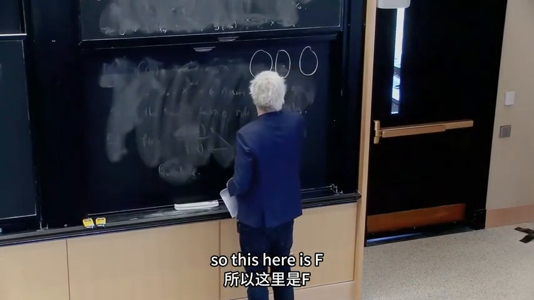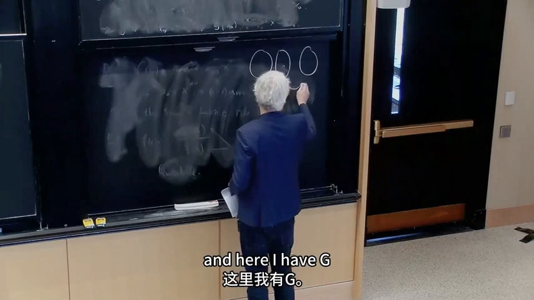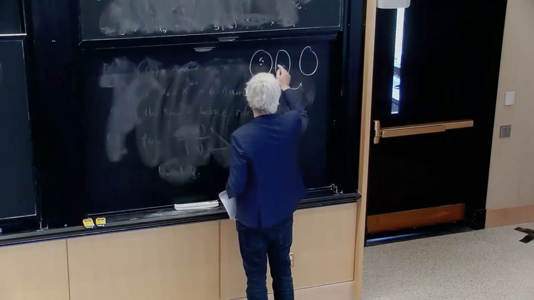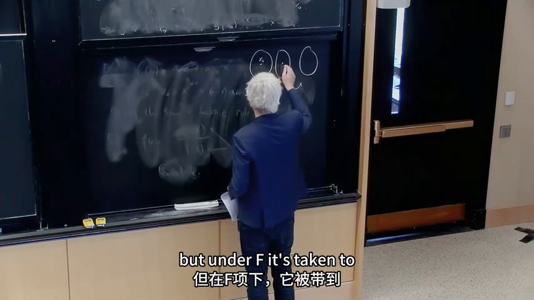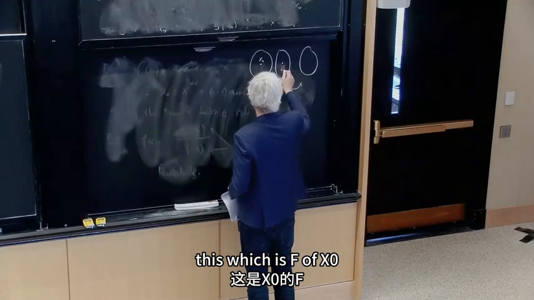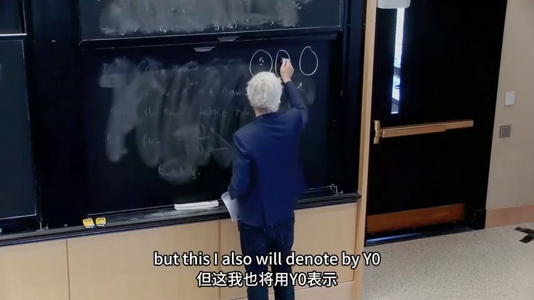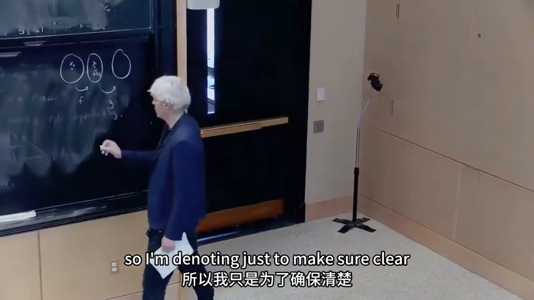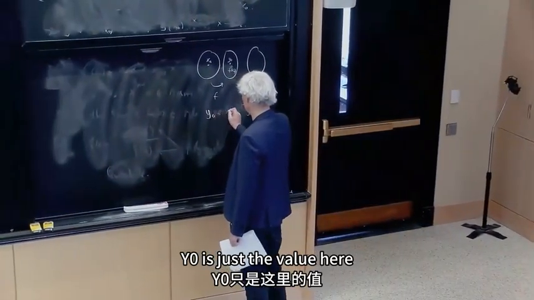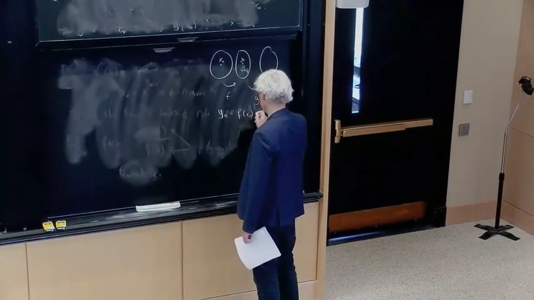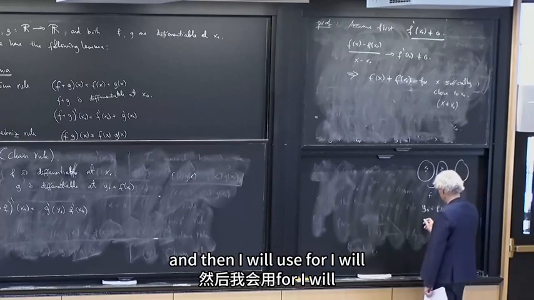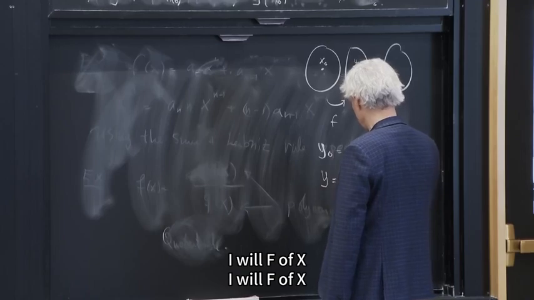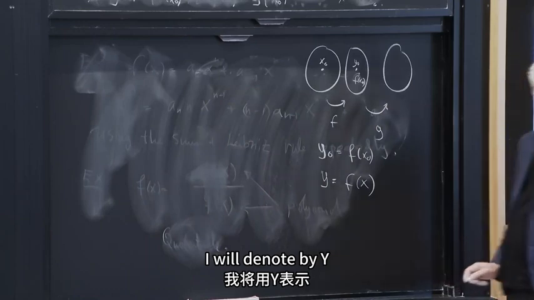So this here is f, and here I have g. Here I have x0, but under f it's taken to f of x0, which I will denote by y0. So y0 is just the value here. And then f of x, I will denote by y.